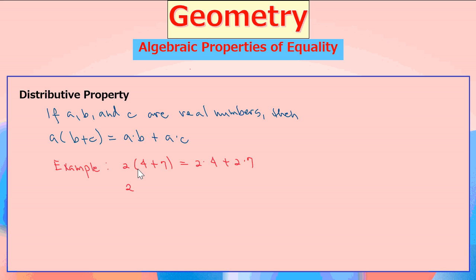If we eliminate the sign of grouping, we have to do the operation inside before we do the other operations. So 4 plus 7 is 11. 11 times 2 is 22. On the right side of the equation, 2 times 4 is 8. 2 times 7 is 14. And then 8 plus 14 is 22. Therefore, 22 is equal to 22.